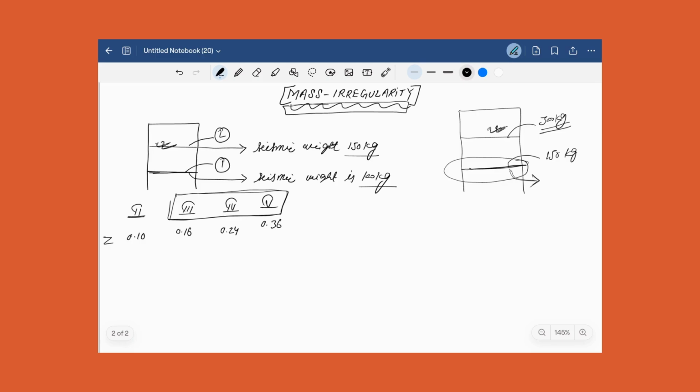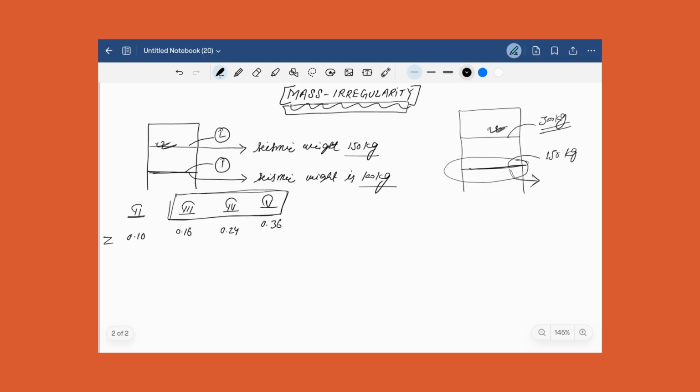You have to analyze that structure with dynamic analysis, and you have to perform either response spectrum analysis or time history analysis for that structure. Because you cannot go only for the simple static earthquake analysis.